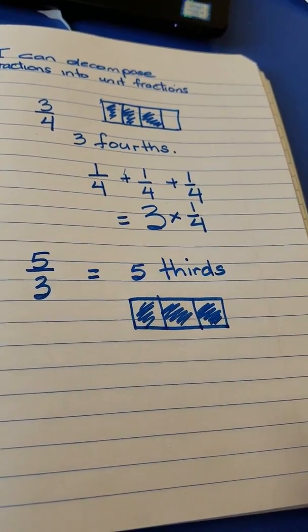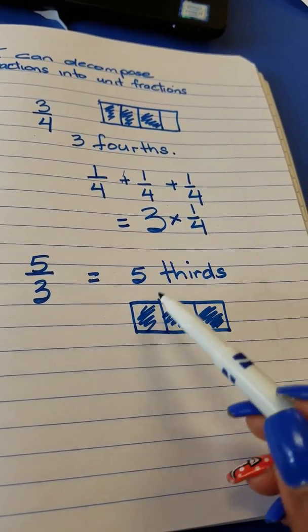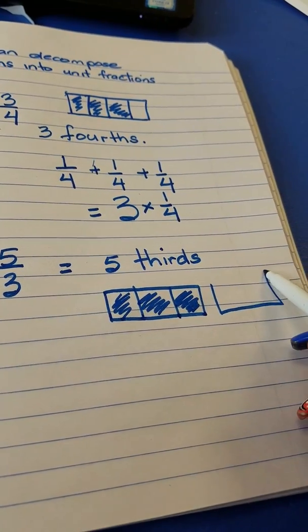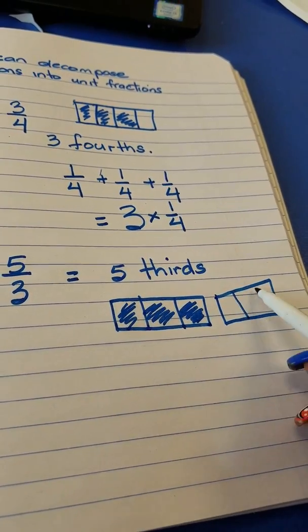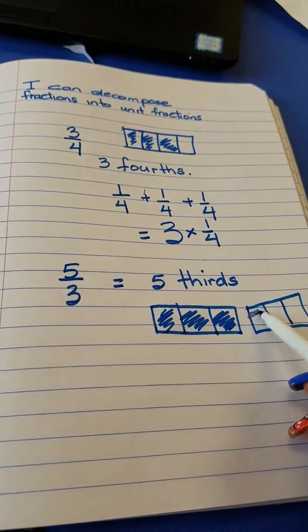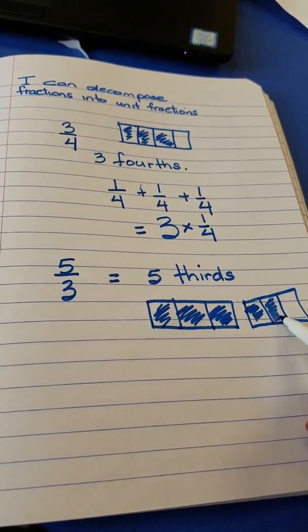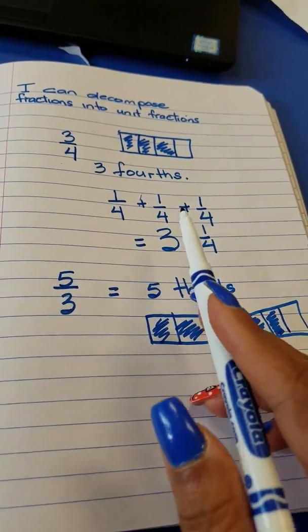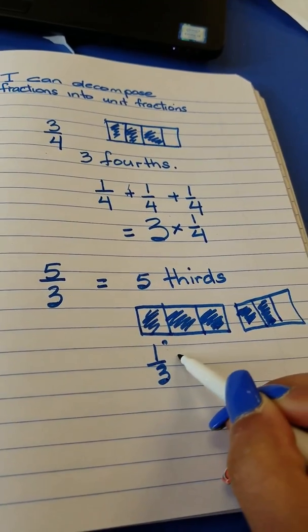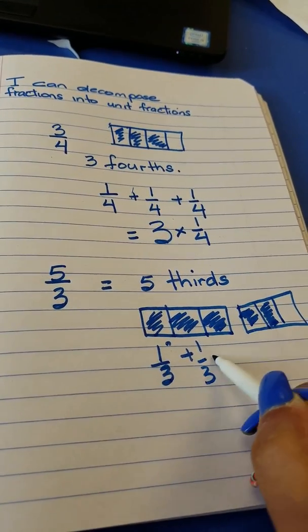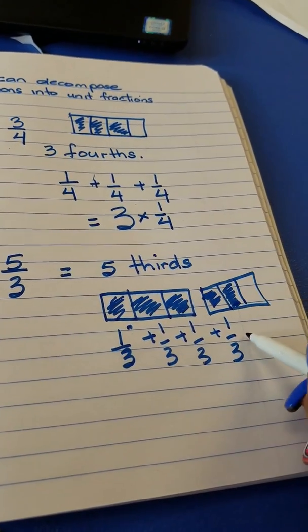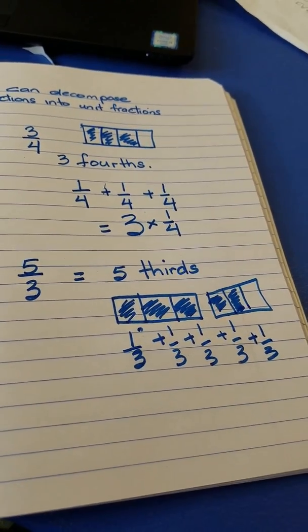Now, we notice that we do not have enough, so we have to recreate another set of thirds. But this time, we're only shading 2. So here, if we were to name each part, that would be 1/3 plus 1/3 plus 1/3 plus 1/3 plus 1/3.